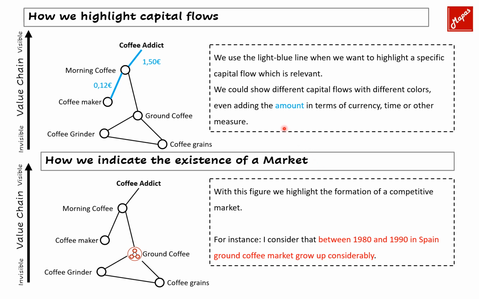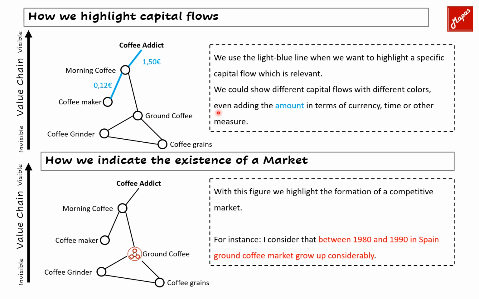How do we highlight the capital flows? We can use the lines of dependency between components to represent capital flows. Mainly, we highlight the main lines, for instance, if we want to explain the main dynamics of behavior of a map.